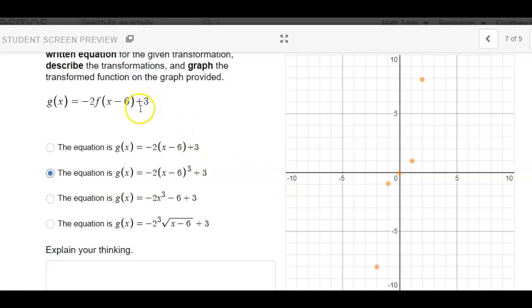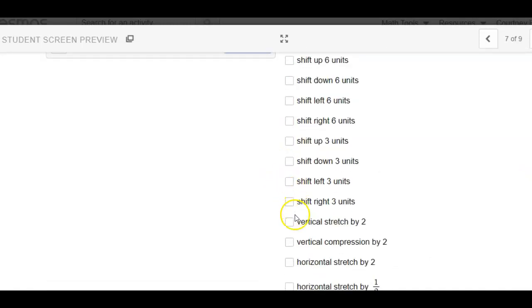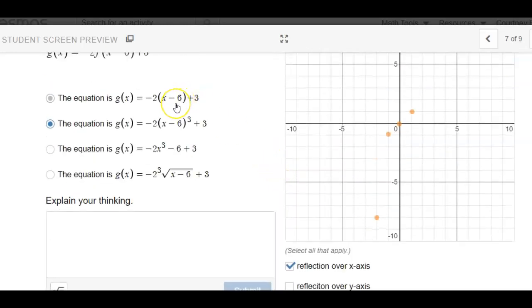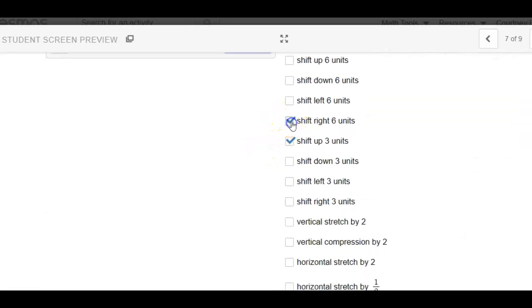Shifting. I have +3 outside, so that's vertical. That means I'm moving up 3. So I'm going to go find up 3. Shift up 3. I have -6 inside of parentheses. So that means it's horizontal and opposite. So I'm really shifting 6 to the right. So I'm going to go find 6 to the right.